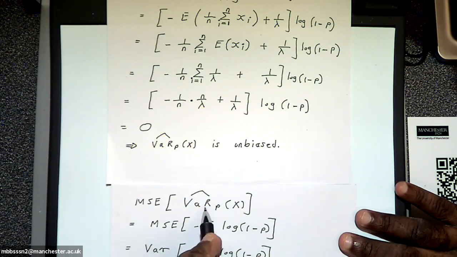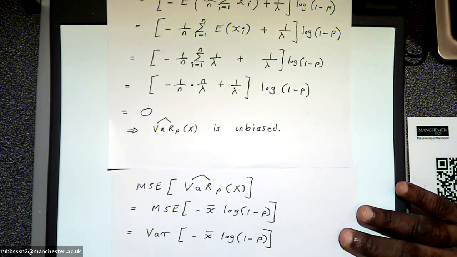VaR has a capital R, whereas variance has a small r. So don't confuse the two. Now, because this is a constant, you can take it outside.